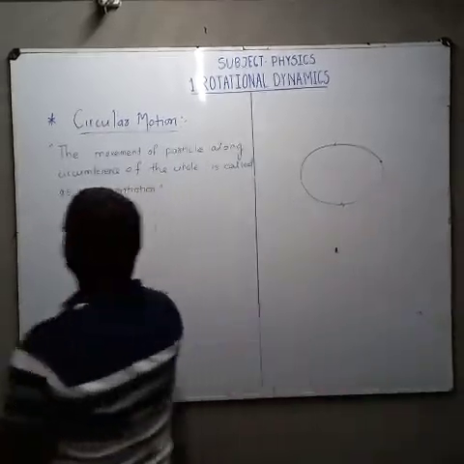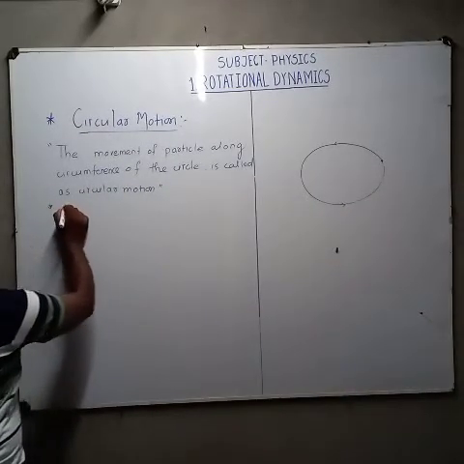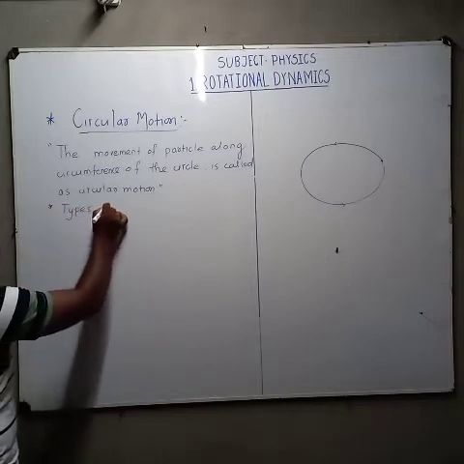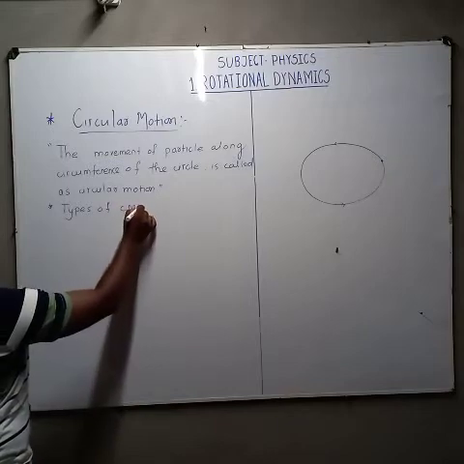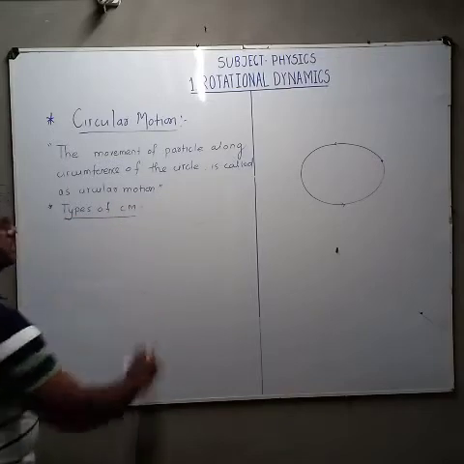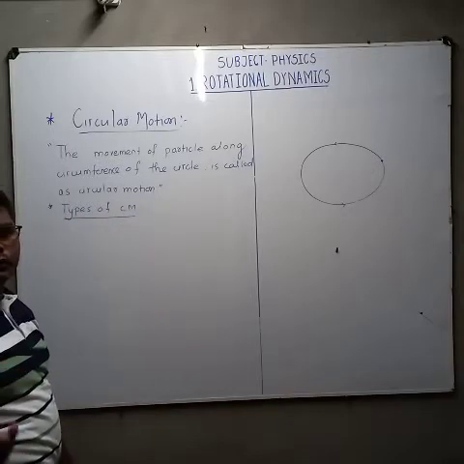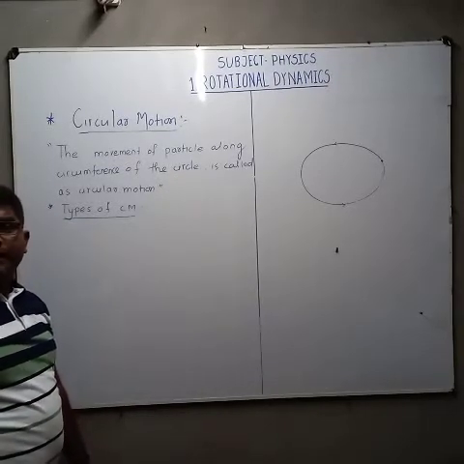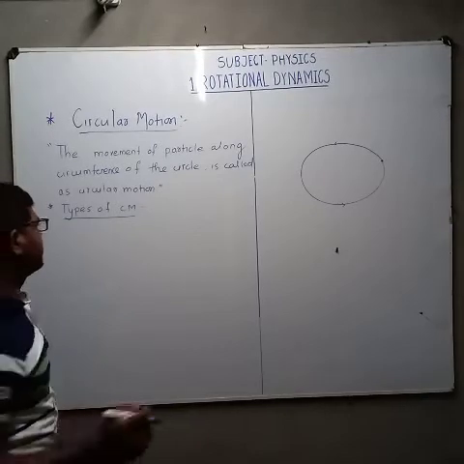Okay. Now, the types of circular motion. Basically, there are two types of circular motion, namely uniform circular motion and non-uniform circular motion.